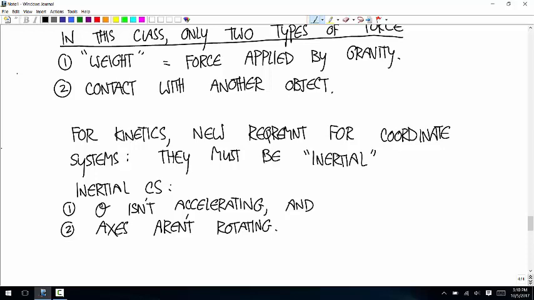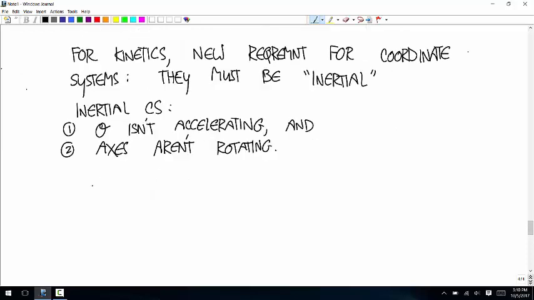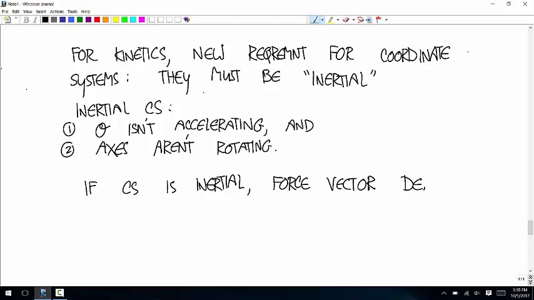Okay, and if the coordinate system is inertial, you can think of the force vector defined this way. So this is called Newton's second law.